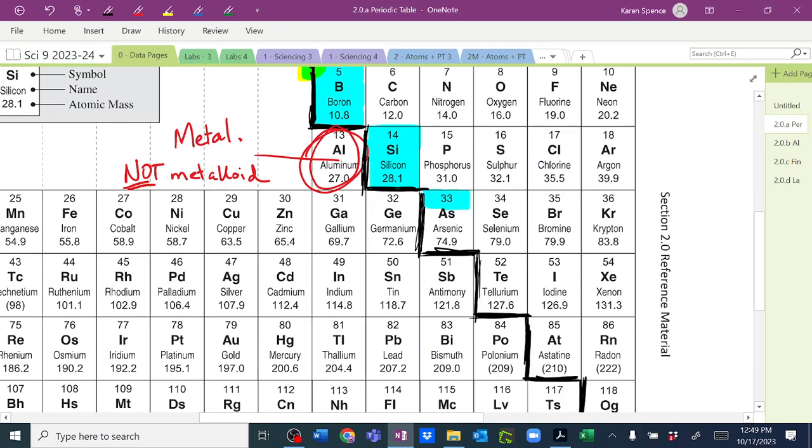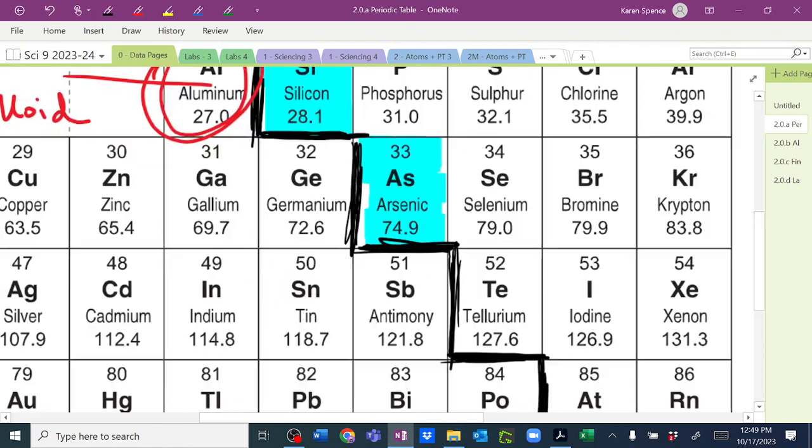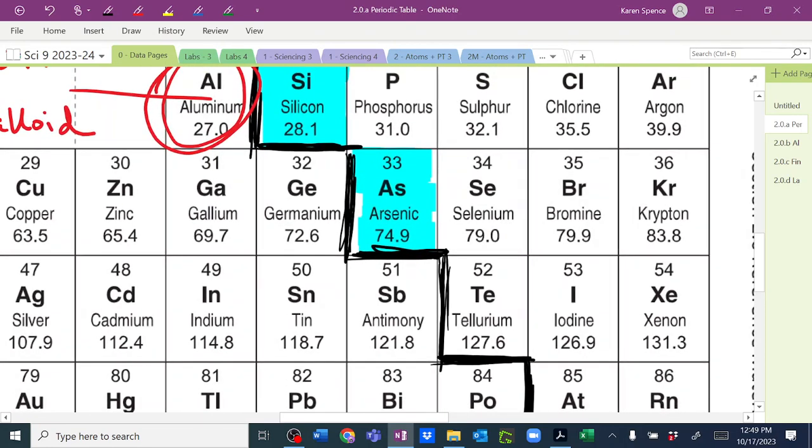Arsenic. Who else? Germanium, not geranium. Geranium's a flower. Germanium, like Germany. Antimony, which has that funny symbol, Sb.